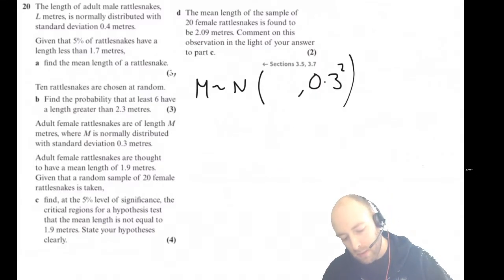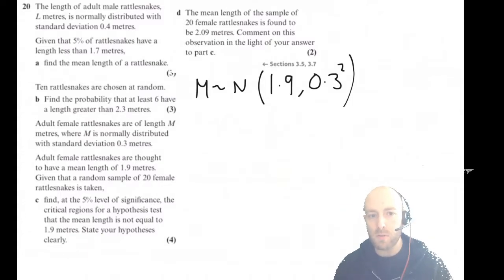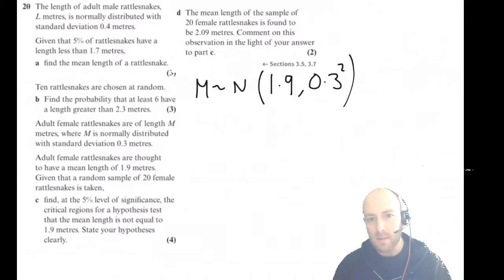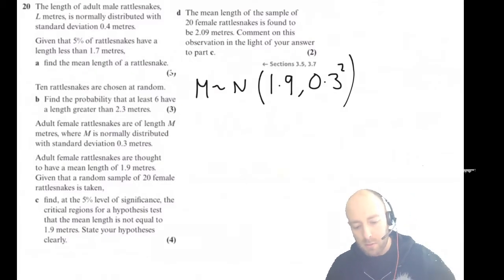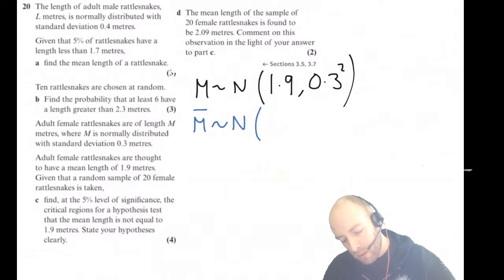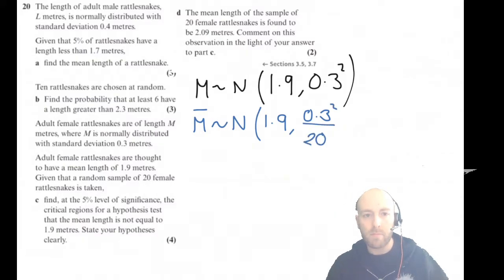So we're going to put that in, and that's going to be the thing that we're testing. So there's our normal distribution for the length of female rattlesnakes. Okay, given a random sample of 20 is taken. So we're now talking about our sample mean distribution. So mean distribution, normal, mean is the same, 1.9, and the standard deviation, 0.3 squared over 20.